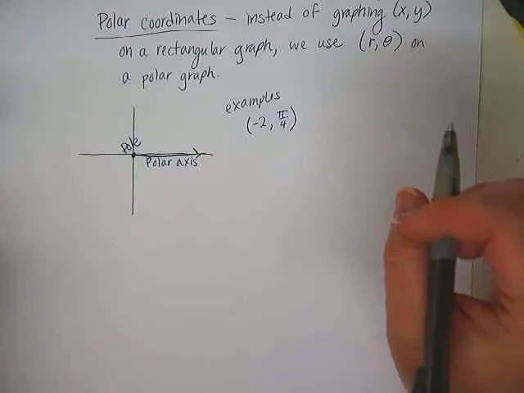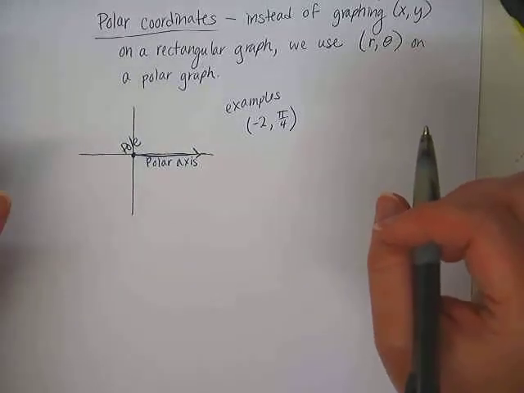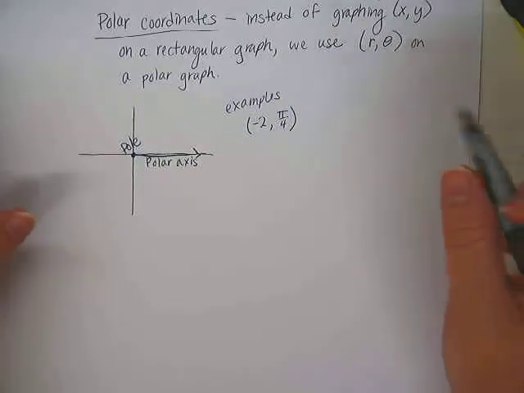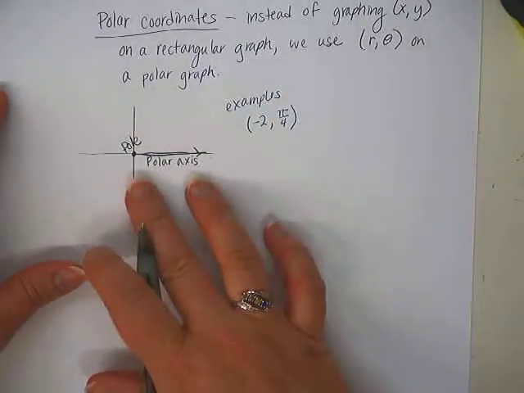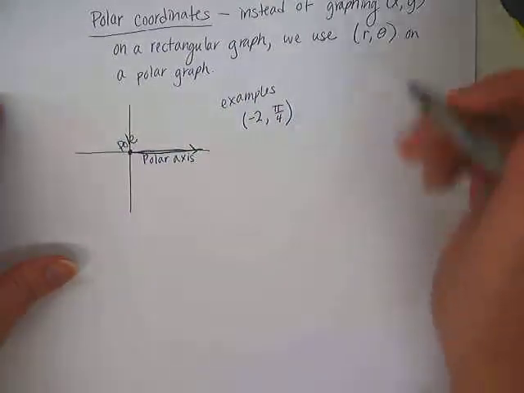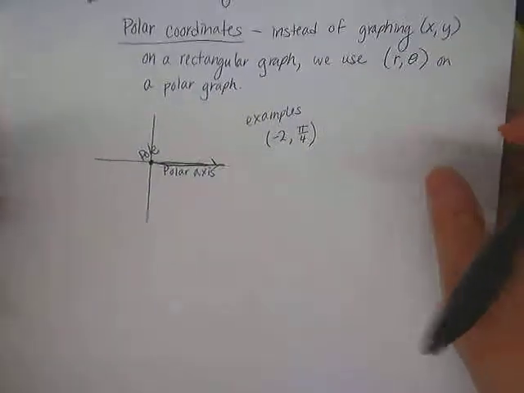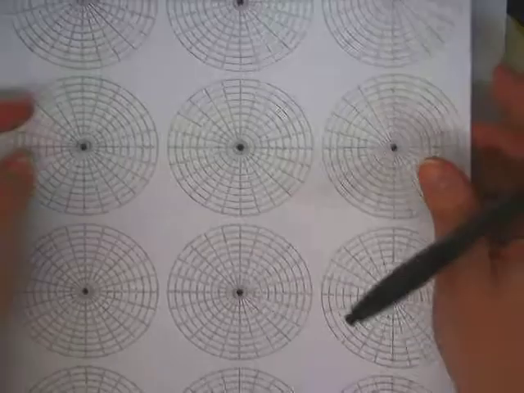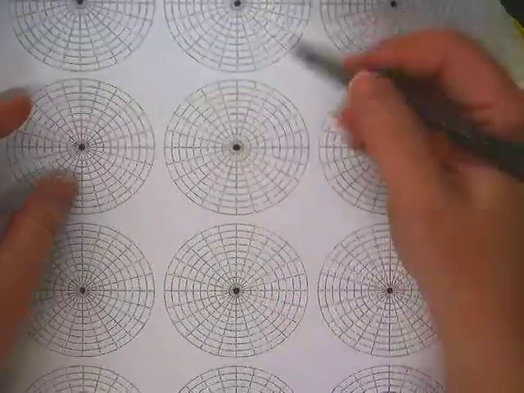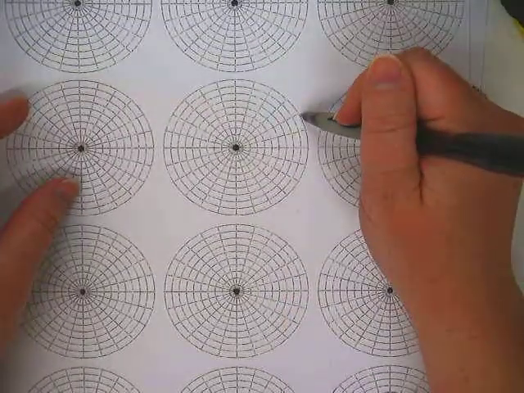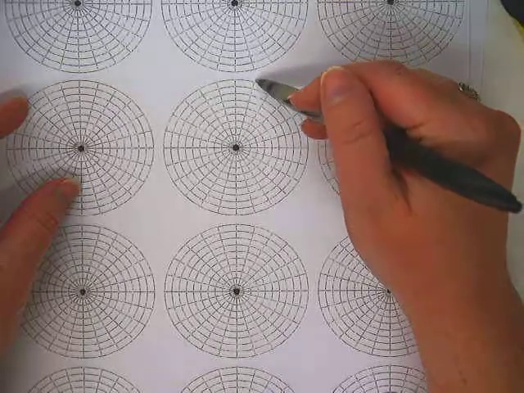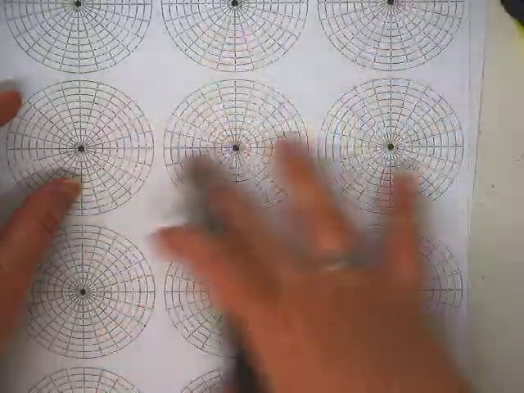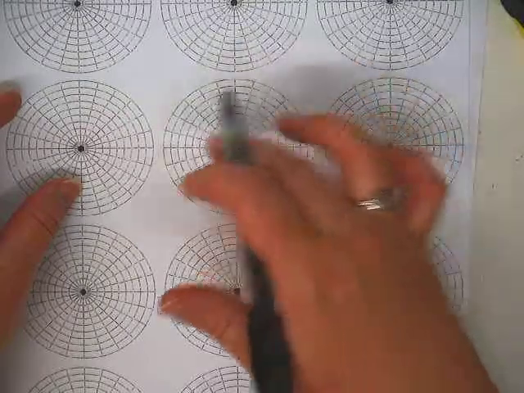Okay, so the angle first then is pi-4ths. I gave you some graph paper so you could do these on the graph paper if you want, or you can just freehand sketch them on your own paper. Either way, I'm just going to use this. If you're using the graph paper, let me just tell you that the lines, I believe, are 15-degree increments. 15, 30, 45, 60, 75, 90, right?